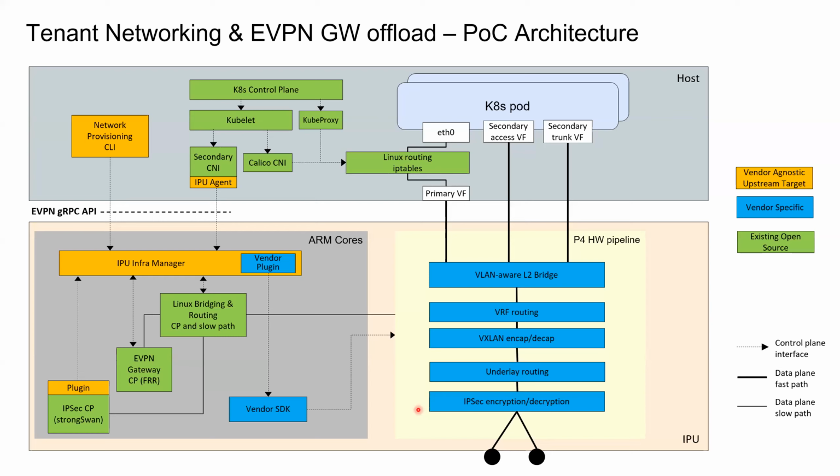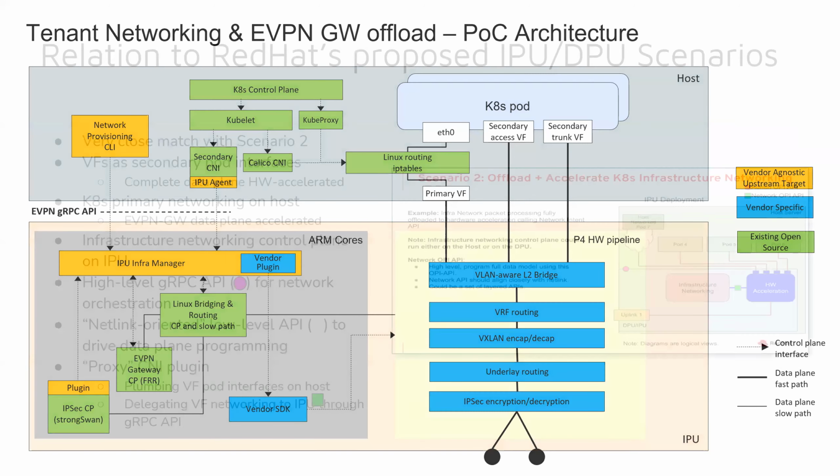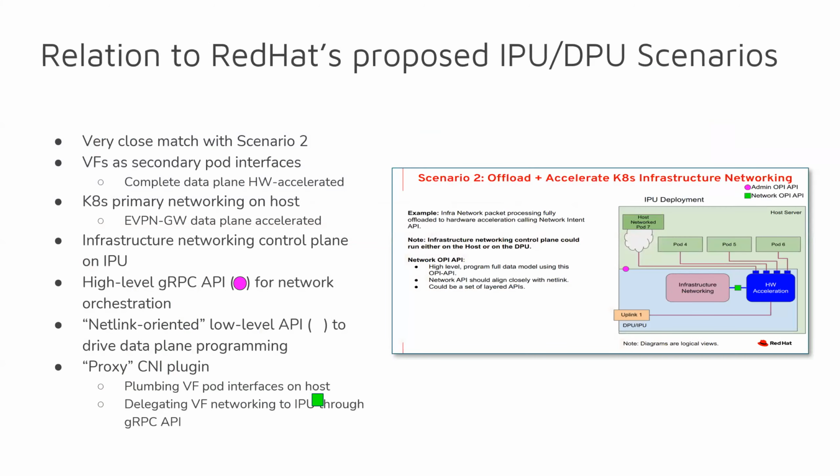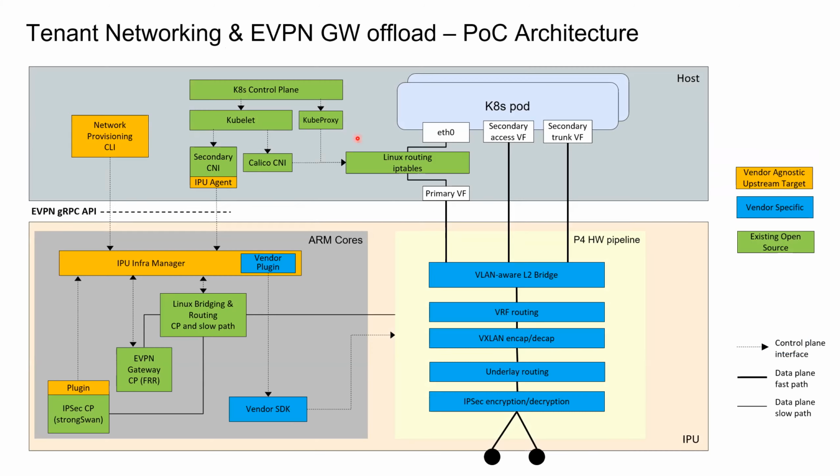So let me go on. There's a question from Vipin. Vipin, go ahead. Yeah, hi. This is good. I have a question. You show on the right side there's the P4 hardware pipeline, and then we talked about OVS. So is it like the OVS data plane construct, or OVSDB commands are converted into P4? No. OVS does not play any role in there, really.